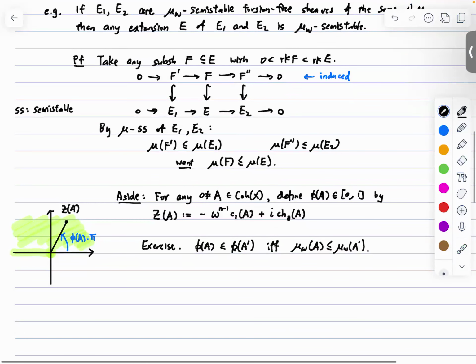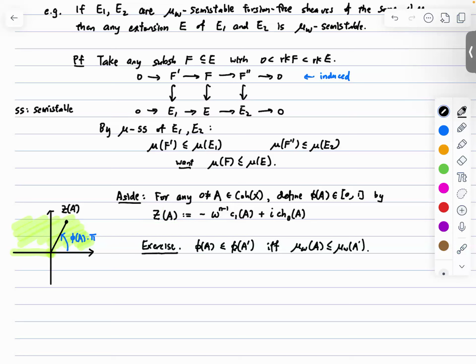And now the reason why I wanted to talk about this number phi and the complex number Z is that this function Z is additive on short exact sequences.